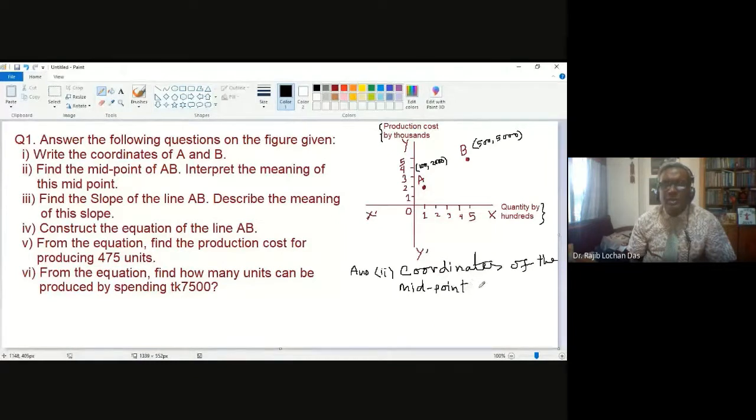You use the formula for the midpoint of AB. So what is the formula?